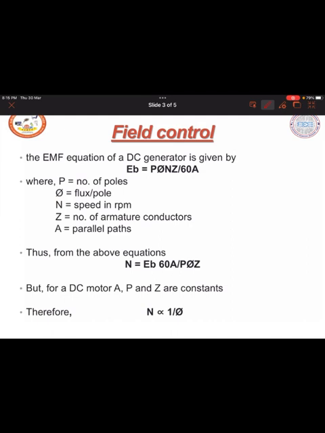As we know, EB is φPNZ by 60A, so N is given by EB 60A by PφZ. From this we can make out that N is inversely proportional to φ, so actually N is proportional to EB by φ.